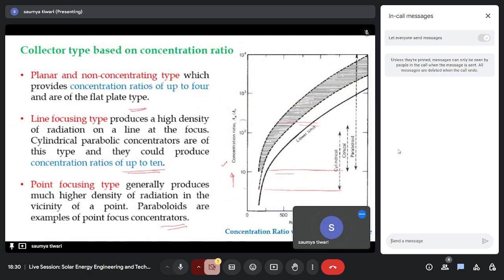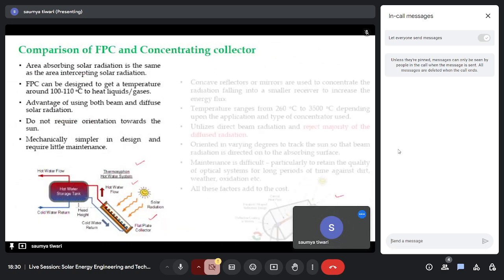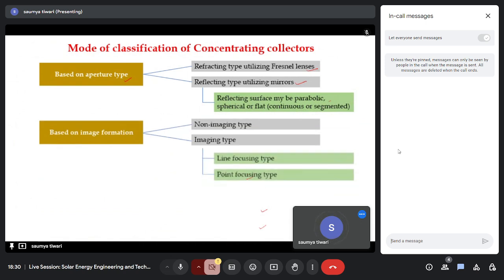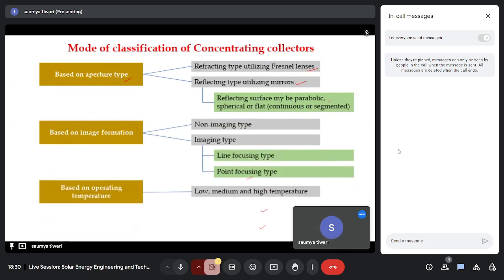Now, the different classifications of solar concentrator have been mentioned here. Let's just see the summarized thing here.